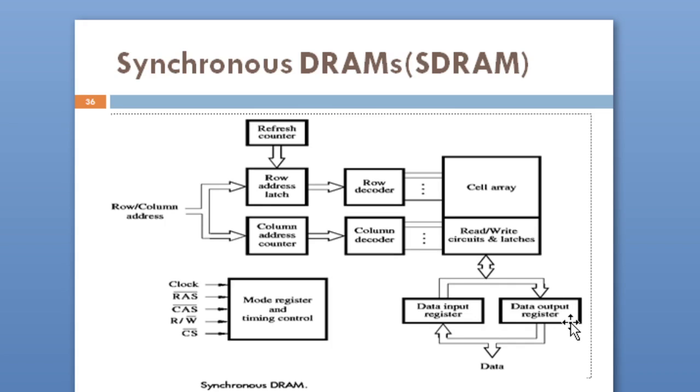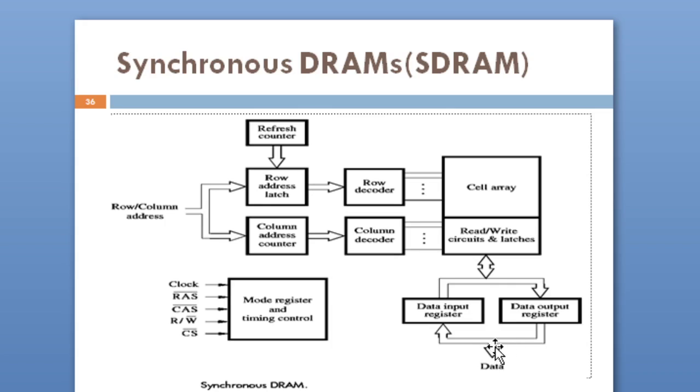So here, if it is a read operation, the sensed data from the memory cells goes from the read or write circuit to the data output register, and from there it goes to the data output lines. From there the data will be transferred to the processor.